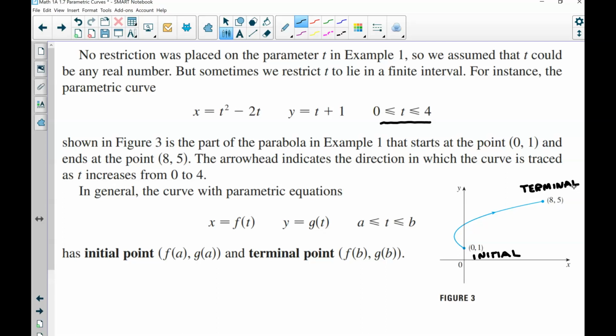Again, the arrowhead indicates the direction in which the curve is traced as t increases from 0 to 4. So in general, there are your parametric equations, x equals f of t, y equals g of t, where t is between a and b, and it has an initial point and a terminal point depending upon those restrictions a and b.